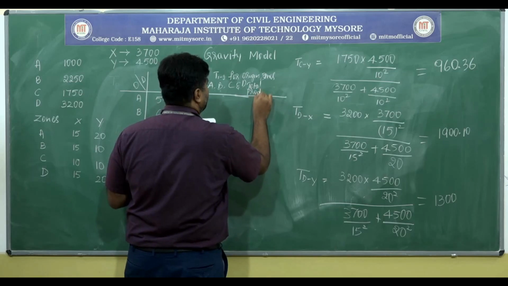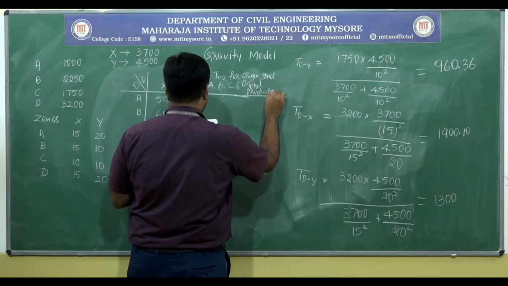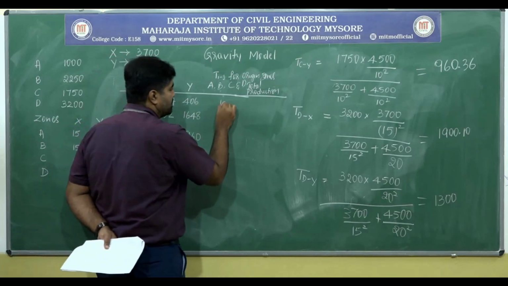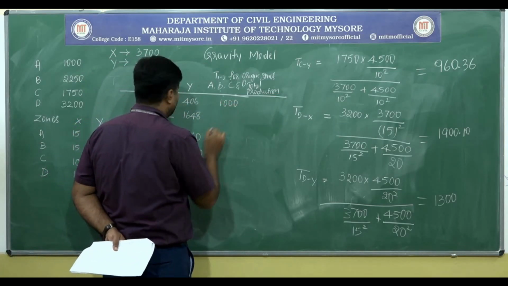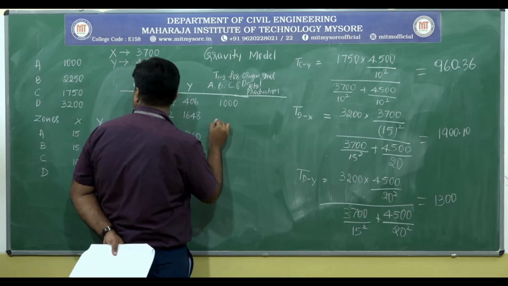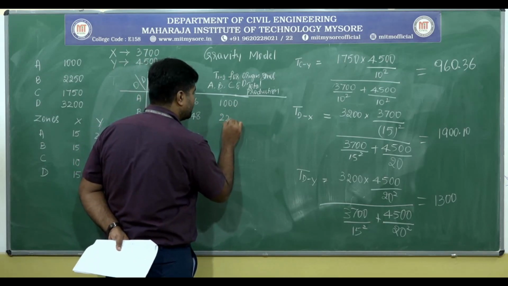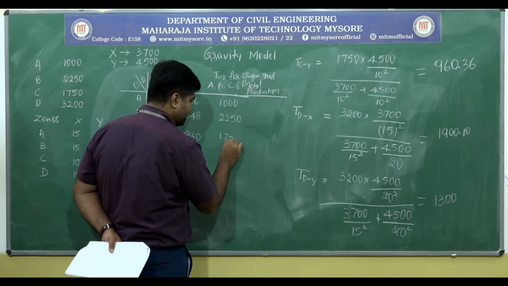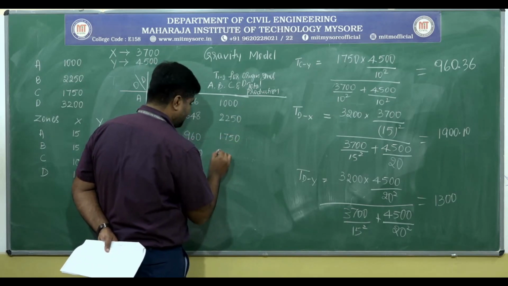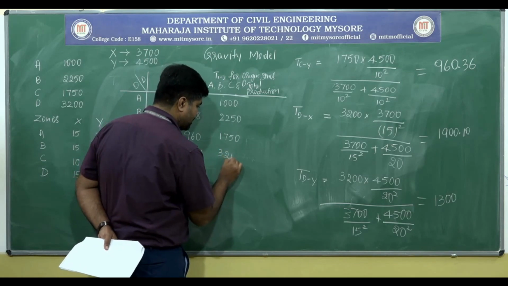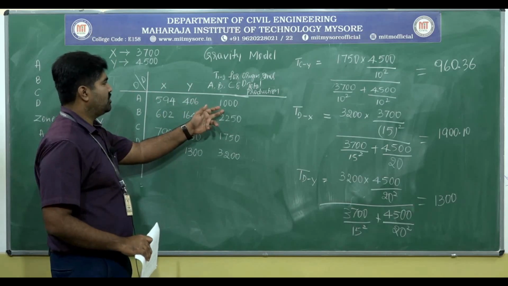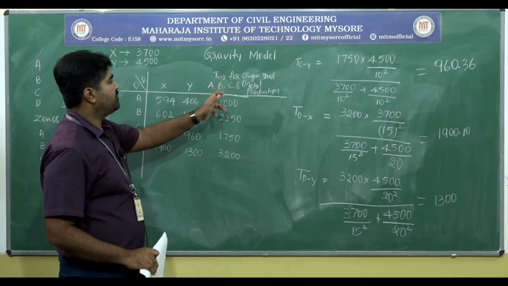How much does the total production come to? You have to total these values. It is 1000, 2250, 1750, lastly we will get 3200. You have to add the row and you will get this value. That is the Ti to J for origin.